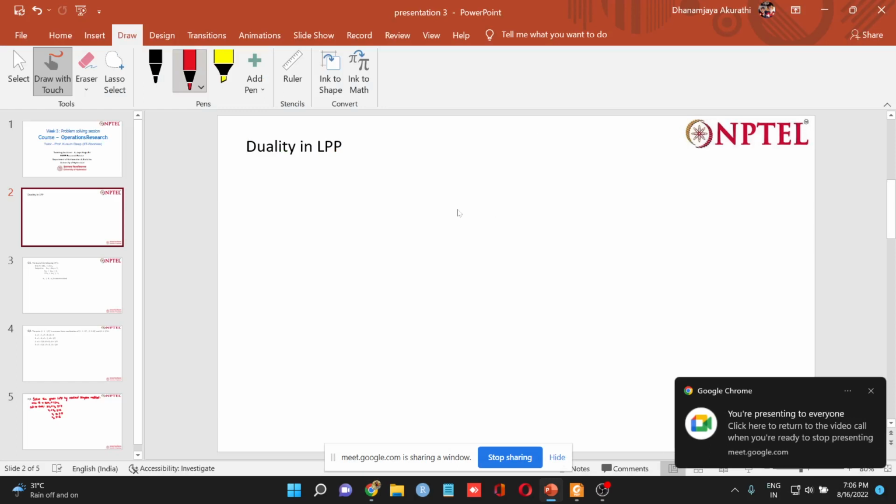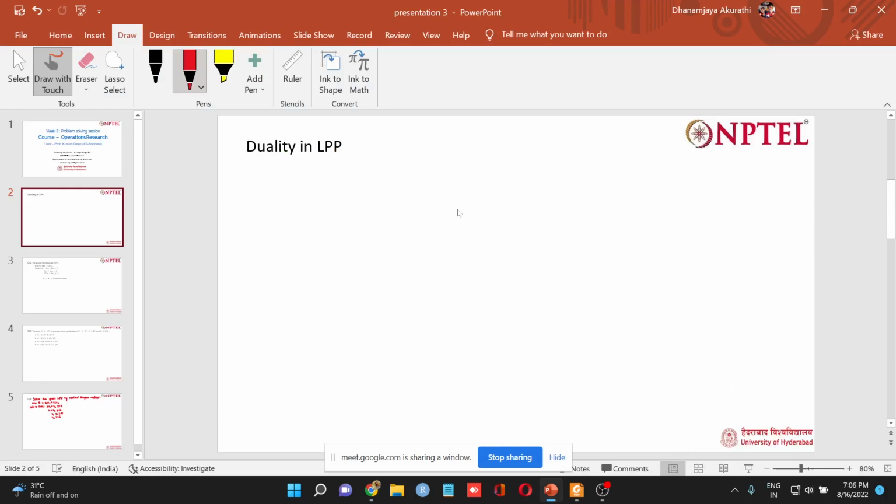And why we use duality: sometimes we may get the solution more easily in the dual case than in the primal. And we can see the conversion of primal LPP into the dual problem. How can we convert the primal LPP into the dual problem?